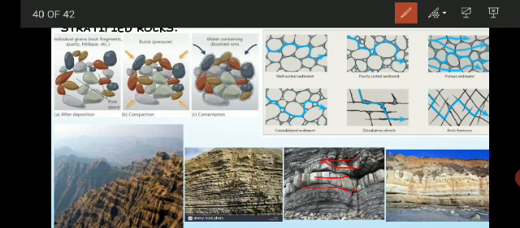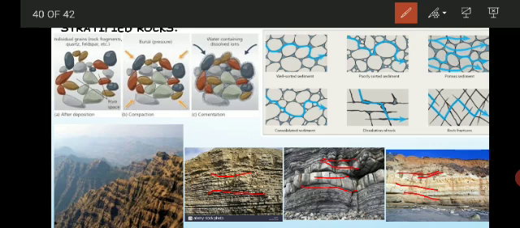These layered rocks are usually sedimentary rocks, because we all know how sedimentary rocks are formed. Each layer tells one history of the sediments, and each layer will have a different composition and different time of formation. All these affect groundwater percolation.